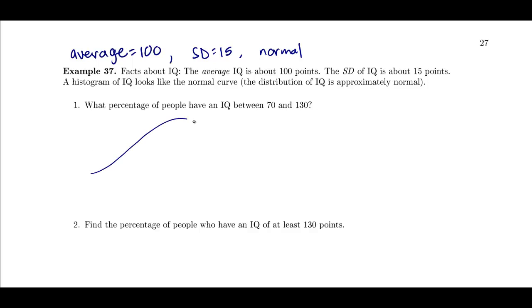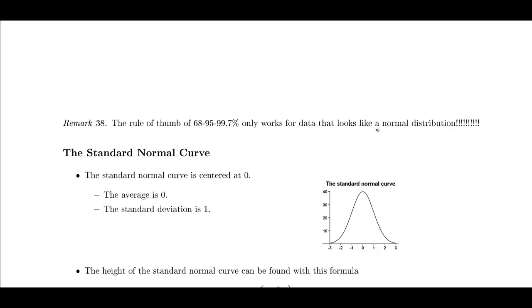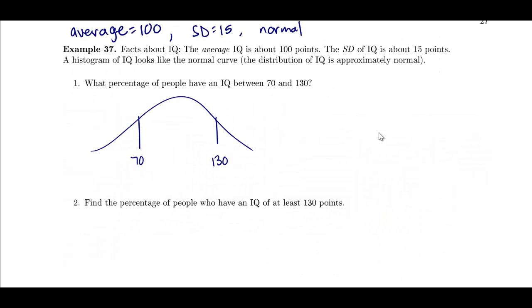So to do that, I'd say, okay, here's my 70, here's my 130. Well, what do I know about the normal curve, and specifically this normal curve? We know that we have an average of 100, and the standard deviation is 15. So if I go out 1 standard deviation, that would be 85 to 115.